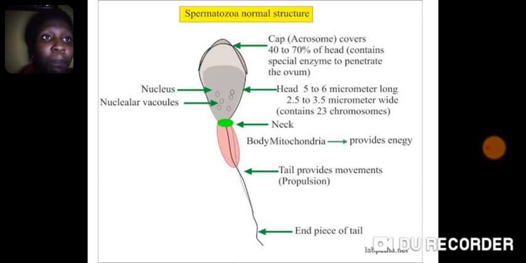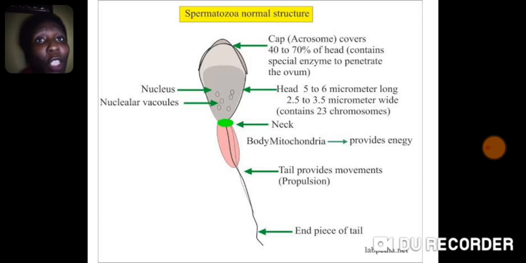So take note that the acrosome found at the tip of the head of the sperm contains special lytic enzymes that will help break the zona pellucida or the jelly coat, leading to the entry of the sperm nuclear content into the ovum.